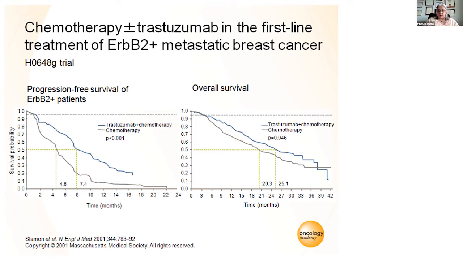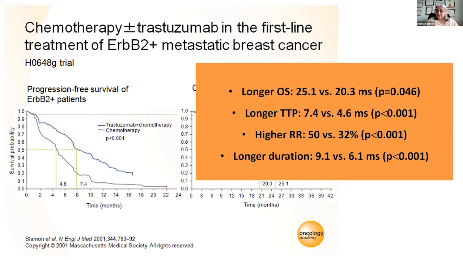But in this trial, we showed that instead of giving just chemotherapy, if we gave chemotherapy and this antibody, the Trastuzumab, you can see that the curves separate very nicely, both for progression as well as for survival. So the addition of Trastuzumab led to a longer survival, a longer time without progression, and a higher response rate. So this has changed completely the natural history of this subtype.